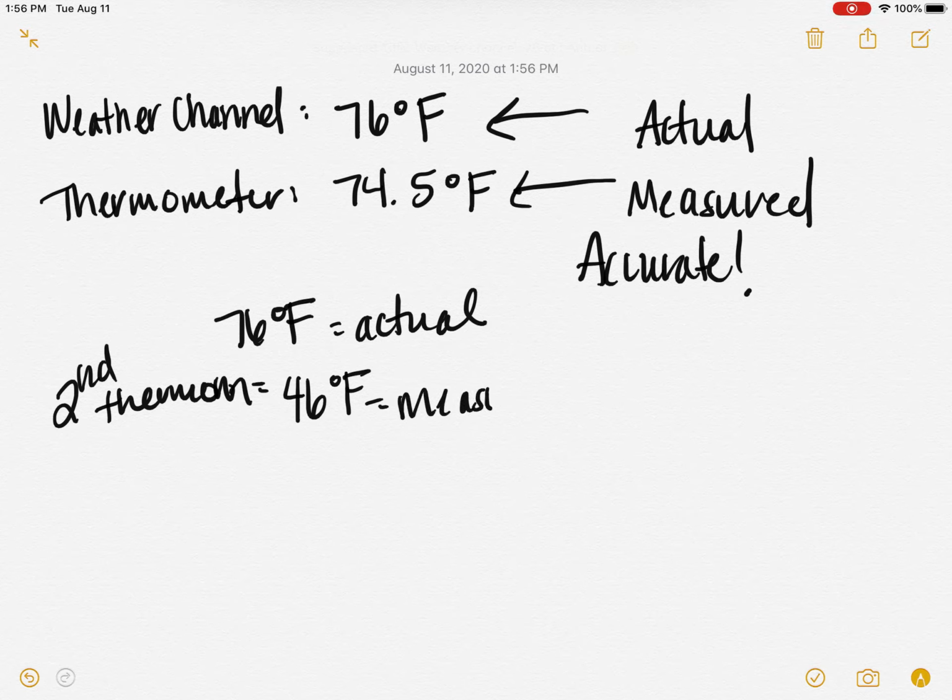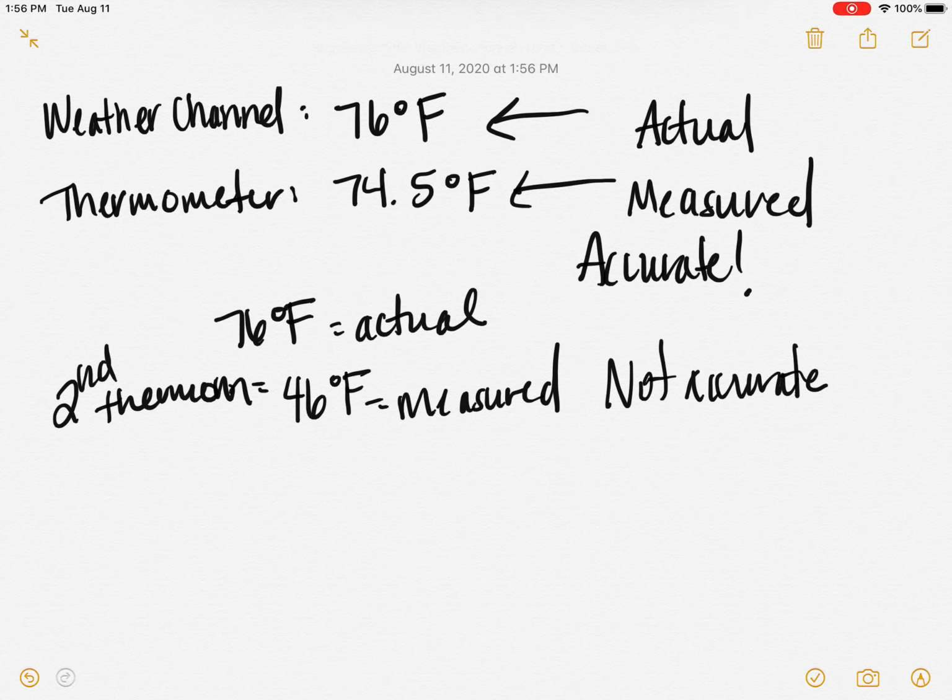I would hope that you would be able to make a judgment call that says that this thermometer is not accurate. And I would hope that you would not use that thermometer in any of your experimentation once we have confirmed that it is not very accurate, okay?